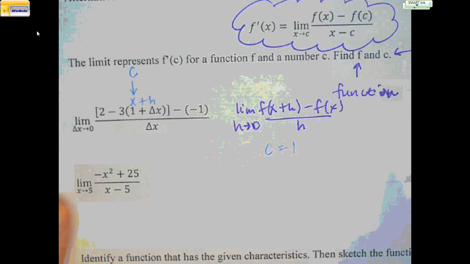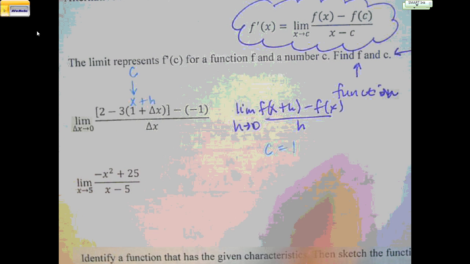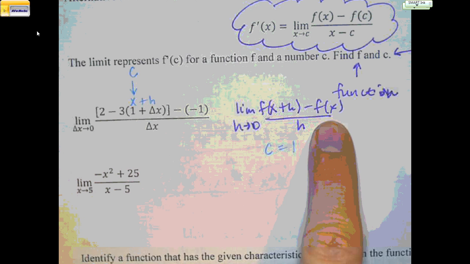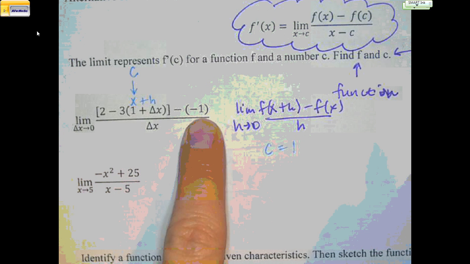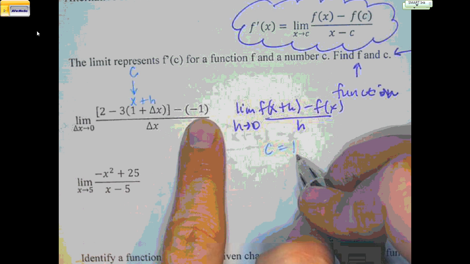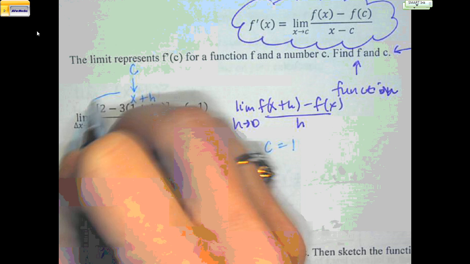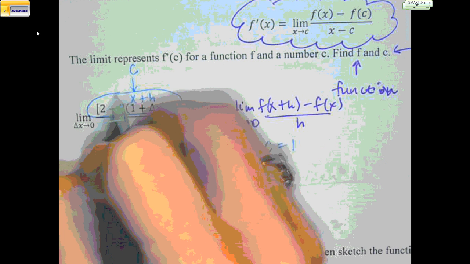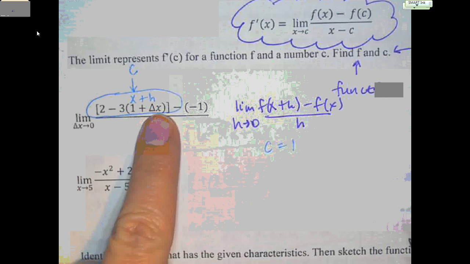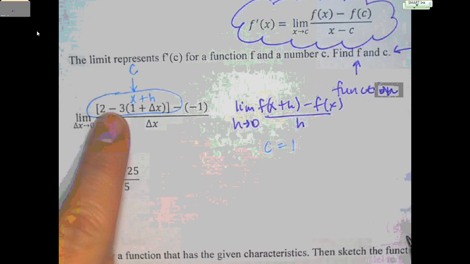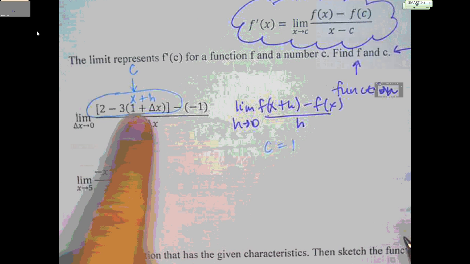Then they wanted to know the function. Well, it'd be easy if we had minus the function, but they've got a -1 there. So it looks like they probably already plugged in the value of 1. So that's not really going to help us. We're going to have to look at this piece right here. If everywhere I saw an x, I put in x plus h, isn't this probably 2 minus 3x?